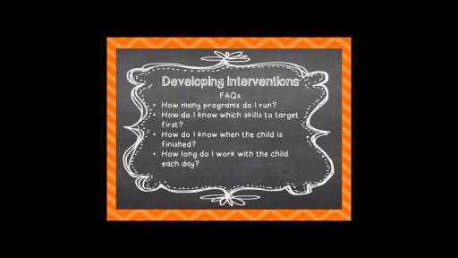So frequently asked questions would be, how many programs do I run? Well, you're going to want to think about your child, and your kids in your classroom. If you have a child with severe disabilities, you probably aren't going to want to run 5 programs with that child because it's going to be overwhelming.